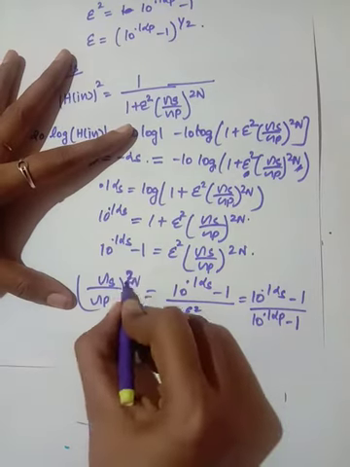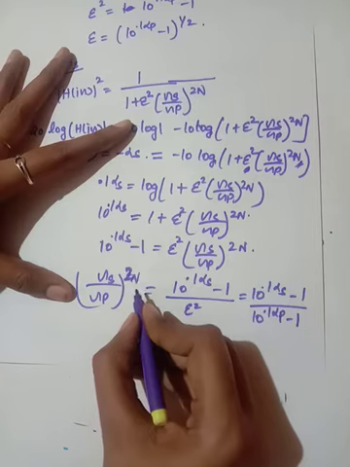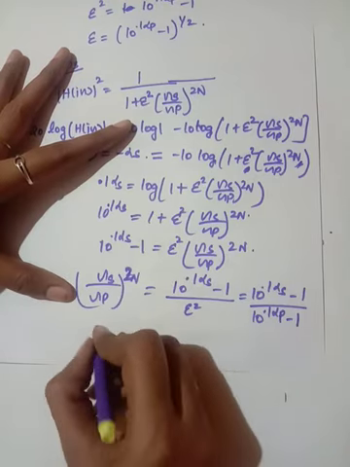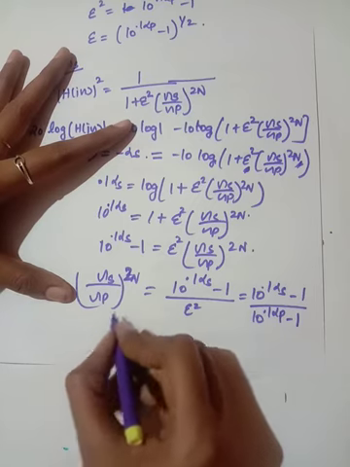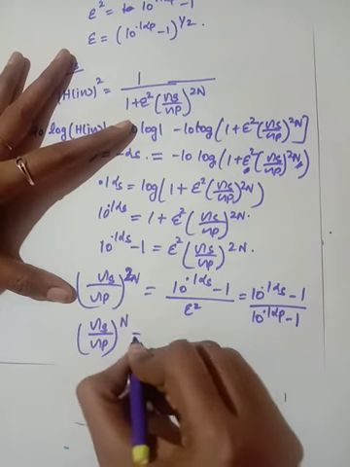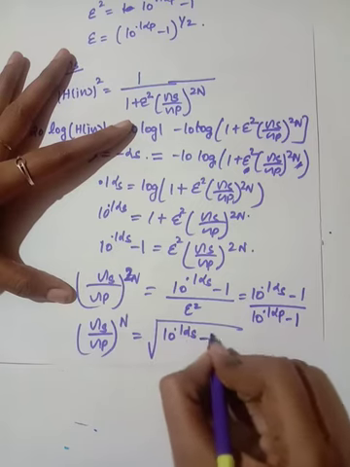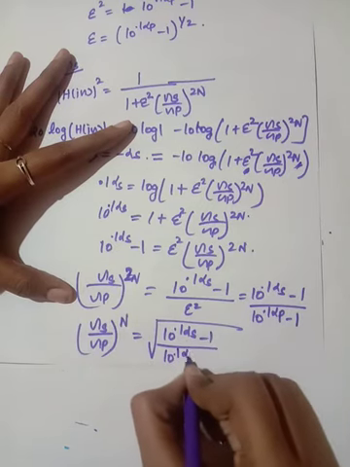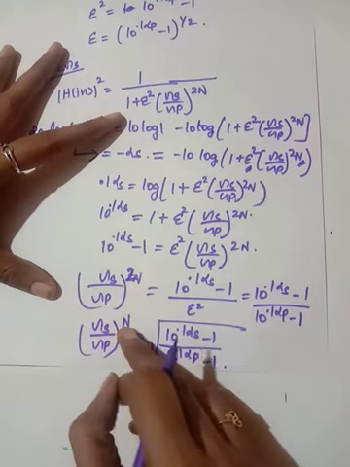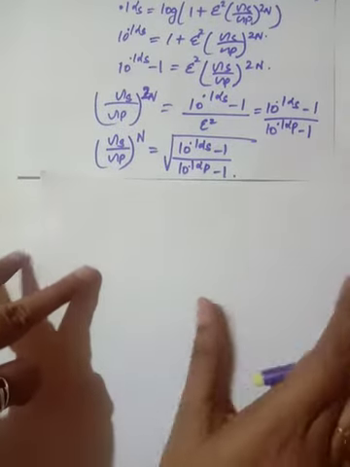Now here this is power 2n, so I need to find out n. Okay, if it is in the power, what we need to do is take the logarithm. First find out (omega s by omega p) the whole power n, which is equal to, taking the square root, the square root of (10 power 0.1 alpha s minus 1) divided by (10 power 0.1 alpha p minus 1). Okay, now I am going to take the logarithm since n is in the power.